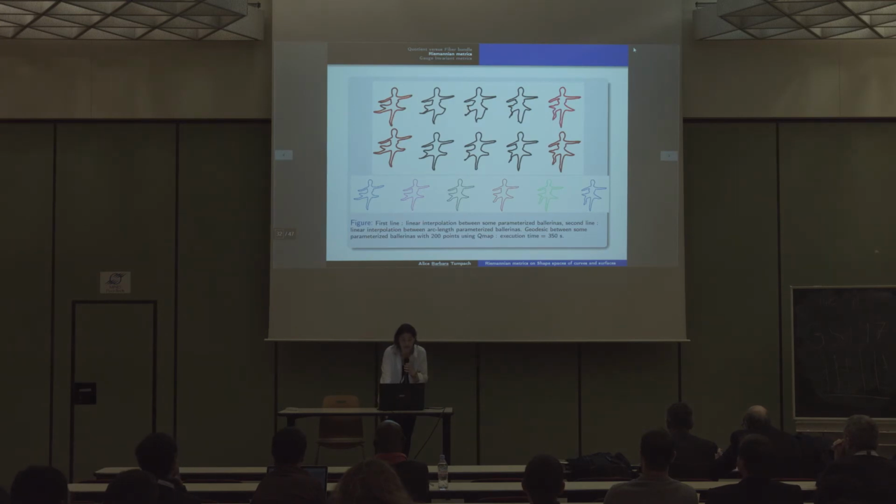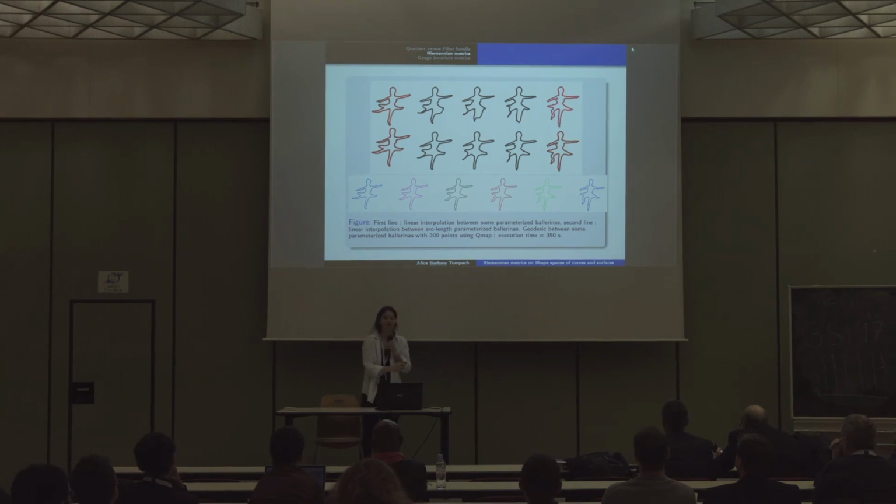Well, so this is the last line. I think it's a beautiful picture, because that's exactly what it's supposed to be. And in fact, this is generated by the code which is available online, from Anuj Srivastava and his collaborators, using the Q-map.